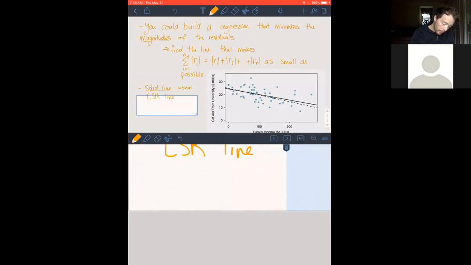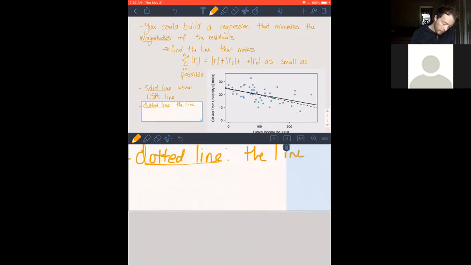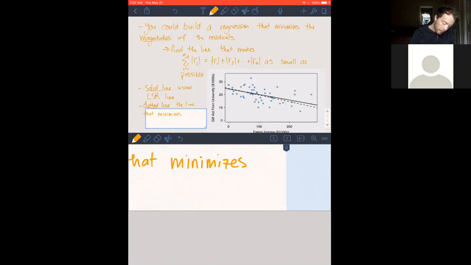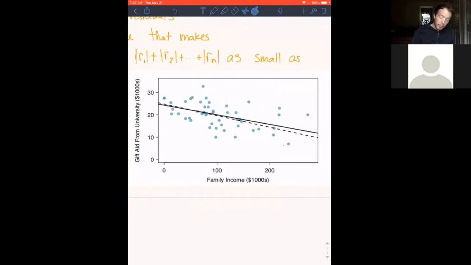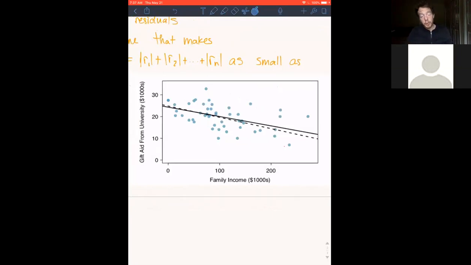And the dotted line is the line that minimizes the magnitudes of the residuals. Okay, and look, these lines both actually fit the data pretty well. They're slightly different, certainly, but with different criteria, we get different lines.